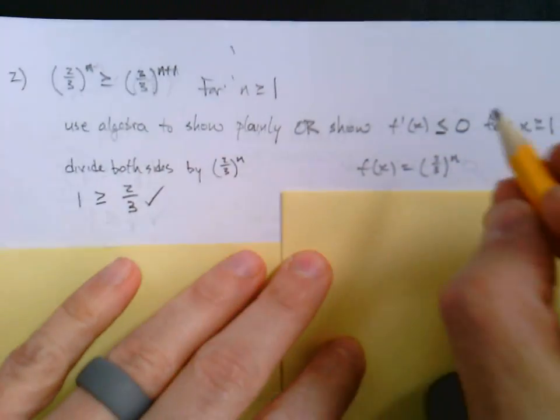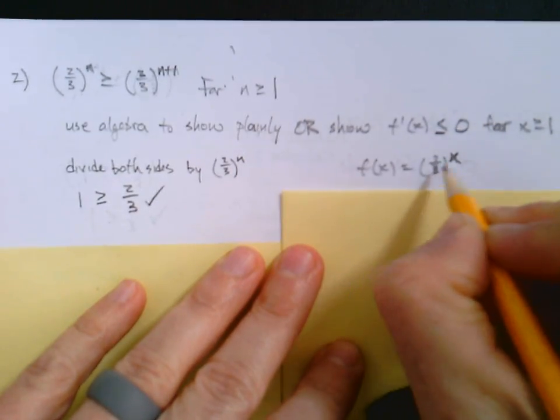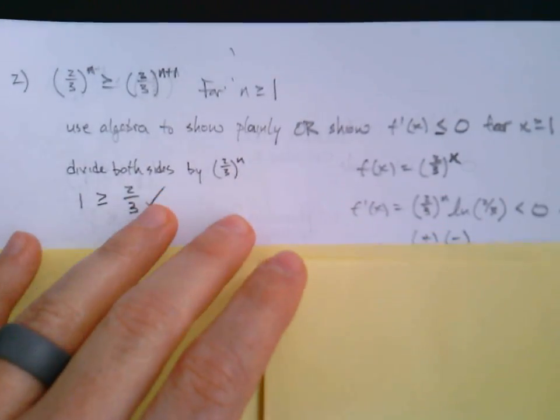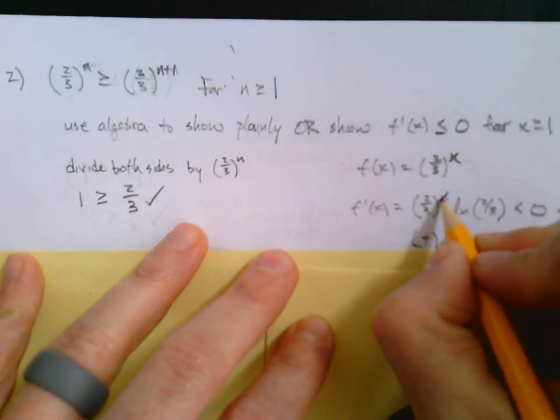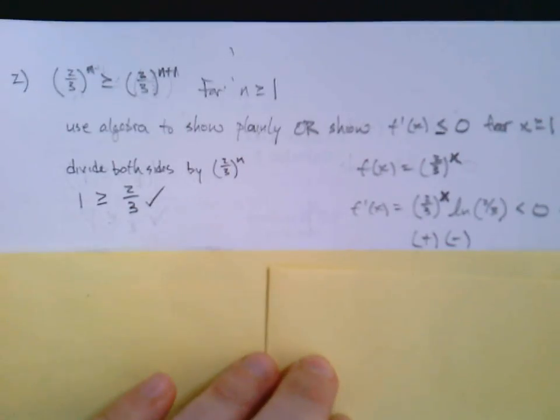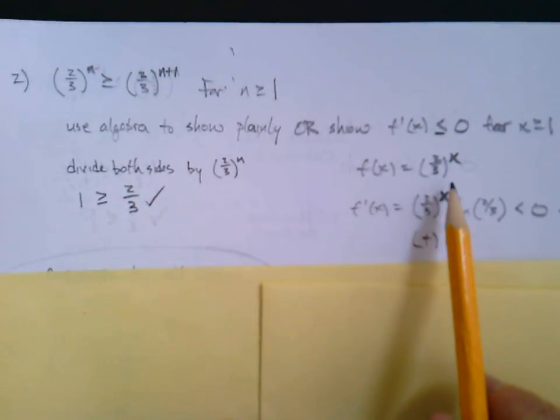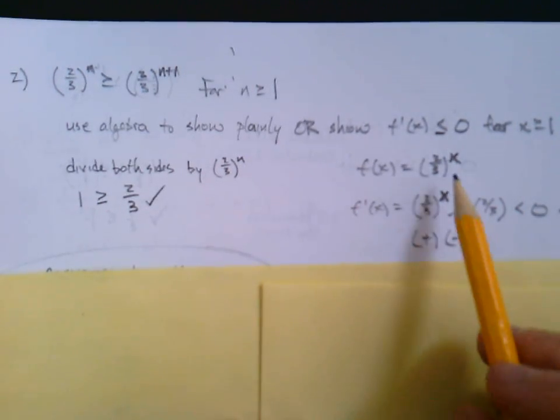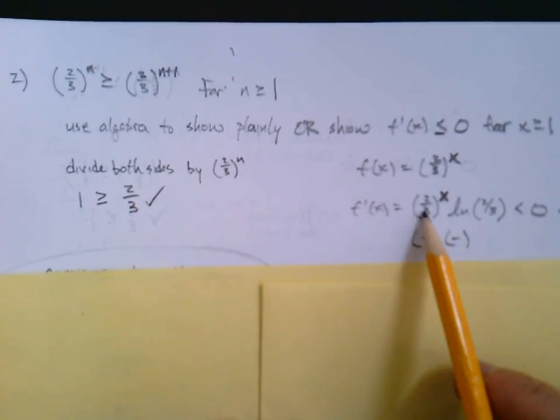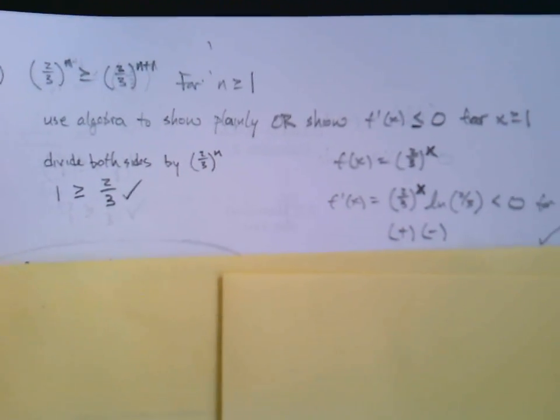So I've got (2/3)^x. If I take a derivative, you're seeing all my little mistakes in my own notes. If you remember the derivative style here for (2/3)^x, it'd be (2/3)^x times the natural log of 2/3. A lot of people forget that derivative rule.